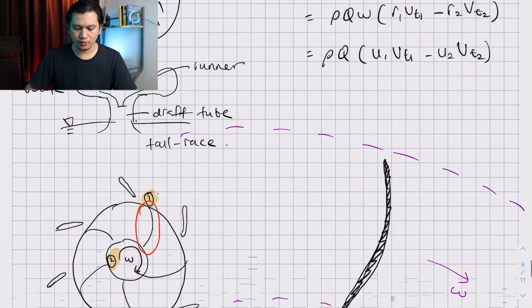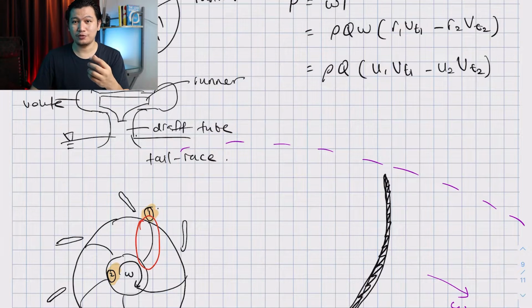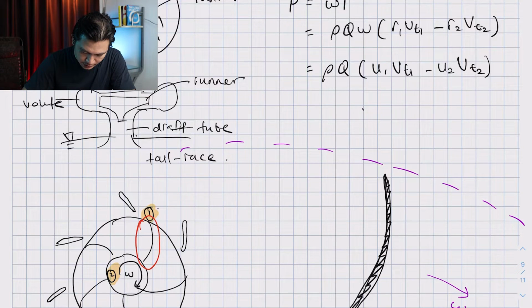That is your omega. Now, let's take a look at the inlet velocity triangle. Because it's a triangle, it has three components: the blade velocity, the relative velocity, and the absolute velocity. The velocity that is tangential to the rotor is the relative velocity. So in this condition, this is your relative velocity.